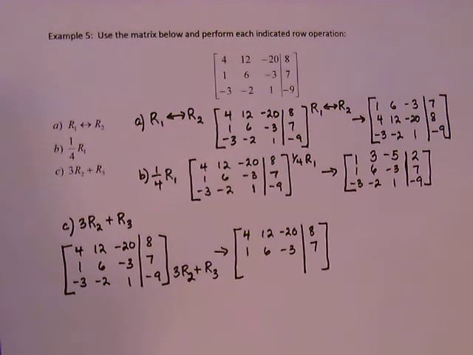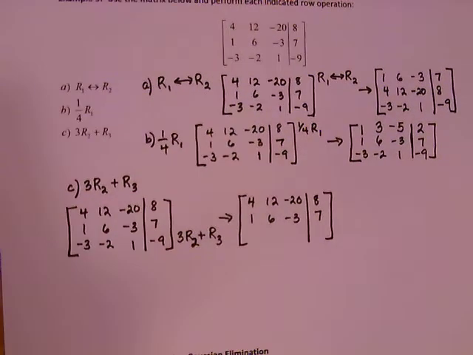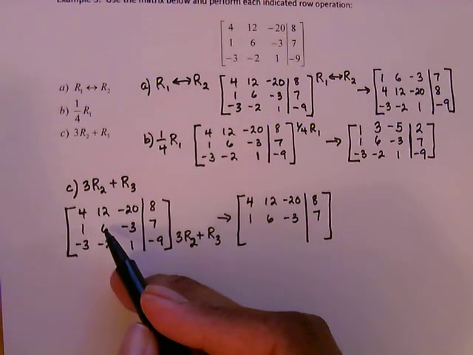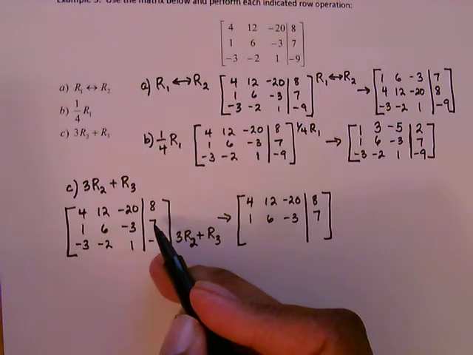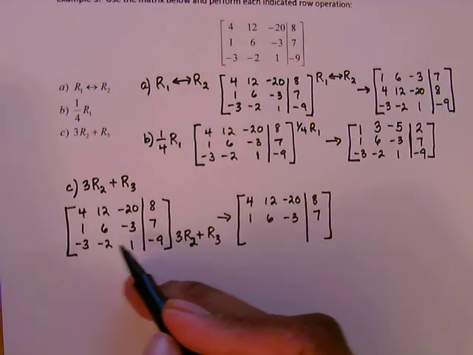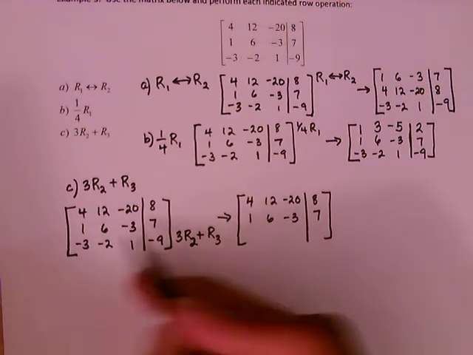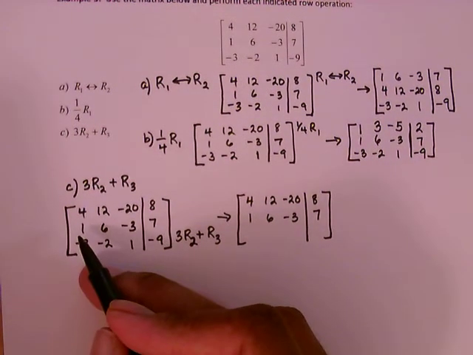So here's what we're going to do here. I need to move this up a bit. I'm going to take 3 times each individual element in row 2 and add that to each element in row 3. Okay, so here's what we got. 3 times row 2.